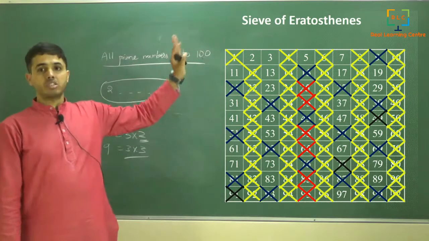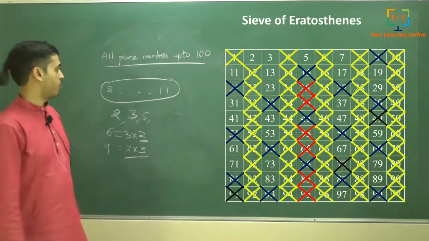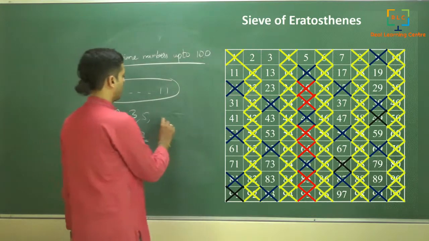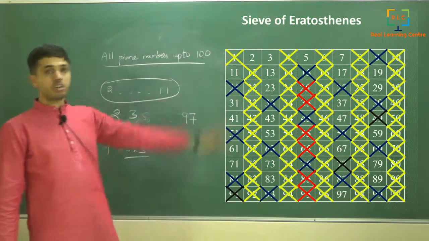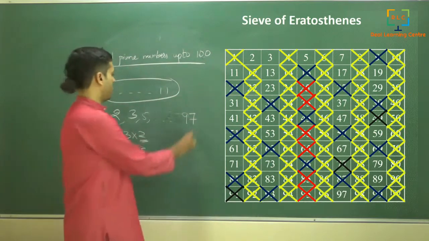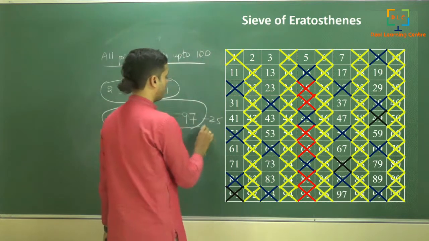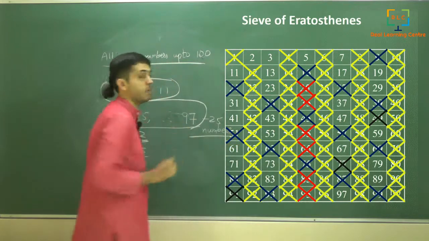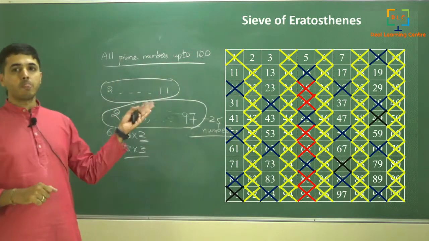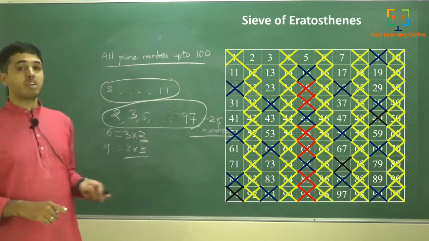So all these numbers starting from 2, 3, 5, 7 up to 97, whichever is not crossed out, they are all prime numbers. Totally I have got 25 numbers. I mean the list of prime numbers from 2 up to 100 is a total of 25 numbers.